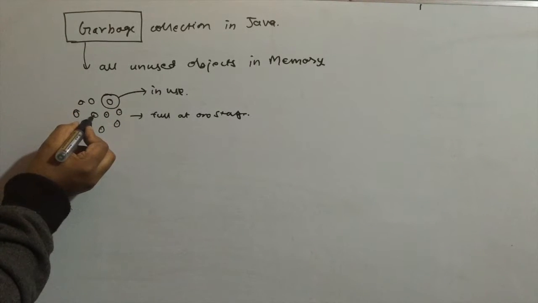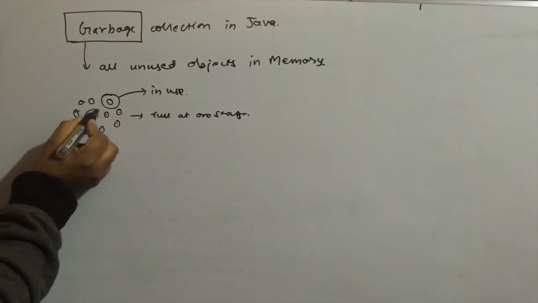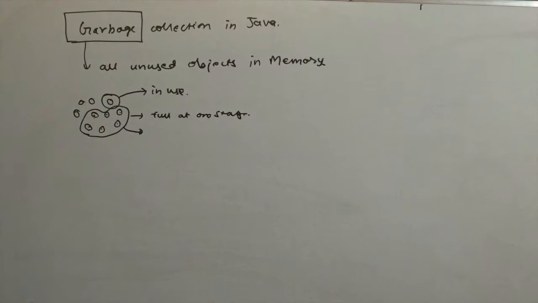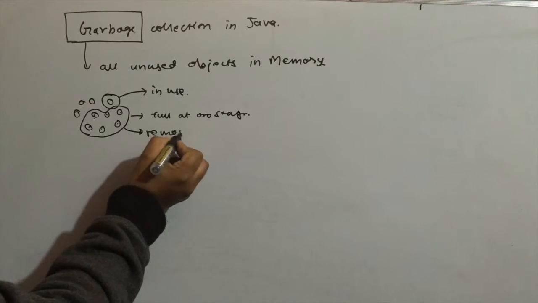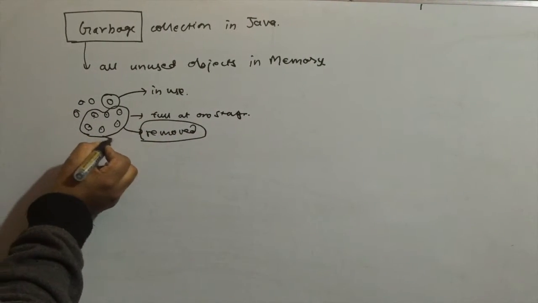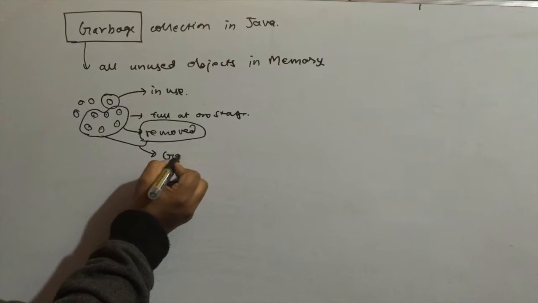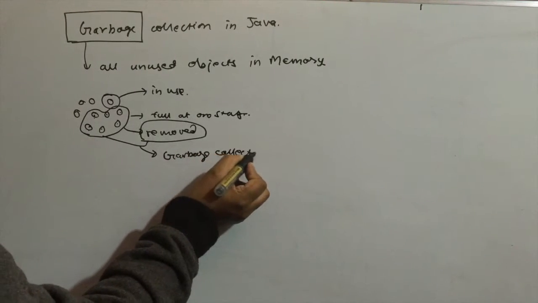So all the unused objects that are still in the memory should be removed so that there could be memory for new objects that are created by the program. The process of removing these unused objects is done by the garbage collector.